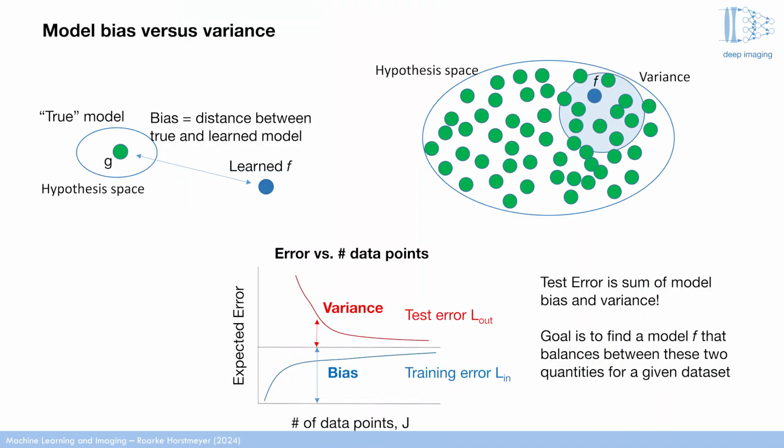The bias is responsible for the error you're going to observe during training. You're going to try to find the best possible function to separate out the green and red dots. You're not going to arrive at the optimal one. That distance is going to be your training error. And then the variance is going to tell you how much error, in addition to that bias error, you get, because when you actually test things, you're going to see unseen data. So how can you expect the algorithm to do better during testing than training?